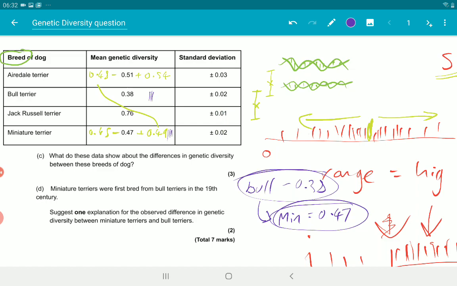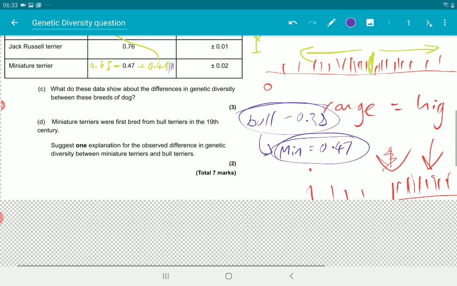If you've got more losses of members of the population, then you're going to get fewer alleles passing through, and so less genetic diversity. So it's possible that the bull terrier population became very small, and therefore there's less of them. Whereas the miniature terriers, there are more of them, and therefore the range of allele types has grown, and with it the standard deviation.